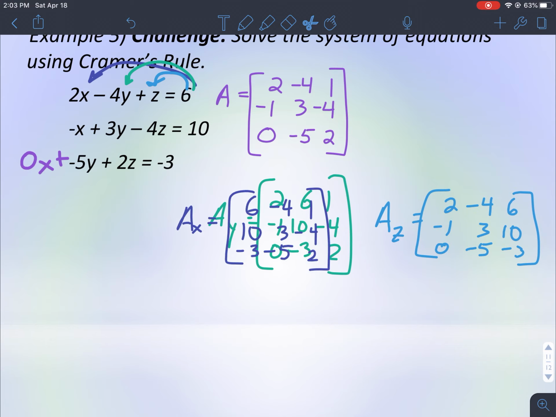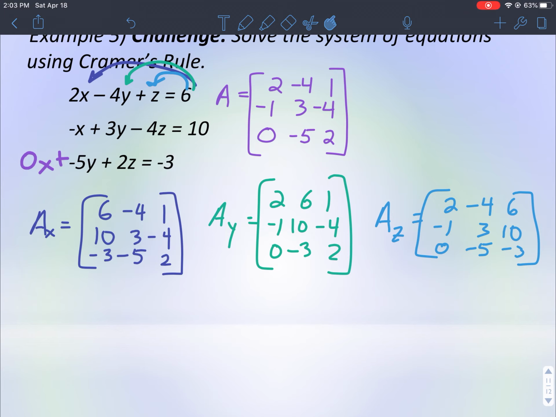Let's move this one over here. Nice and organized.